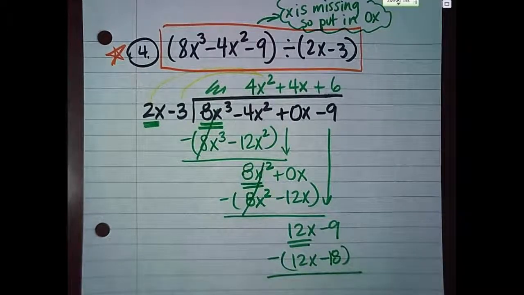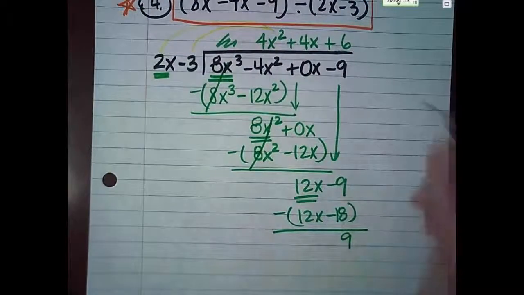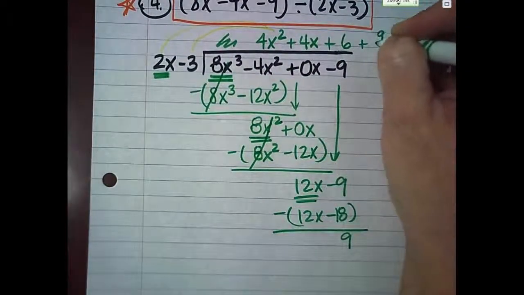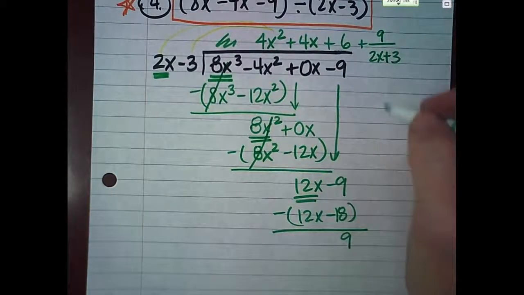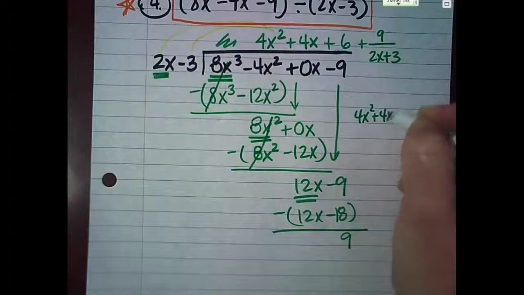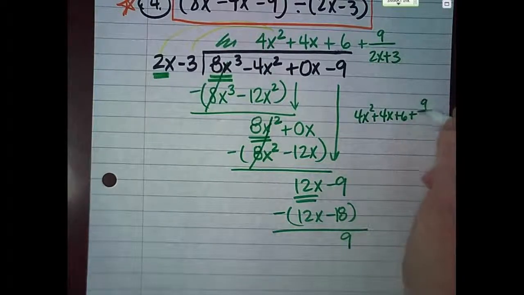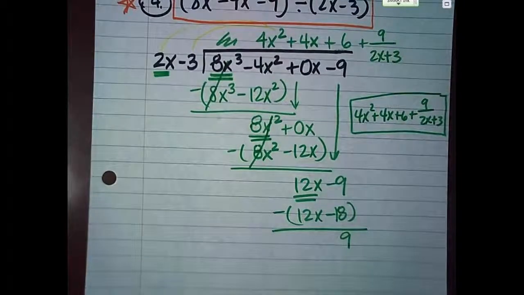Negative 9 plus 18 is 9. So plus 9 over 2x plus 3 is your final answer. Yeah, it's minus 3. Thank you.